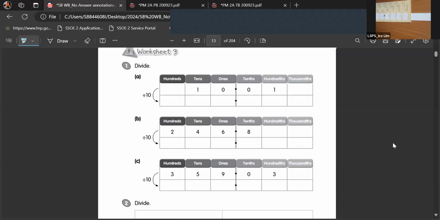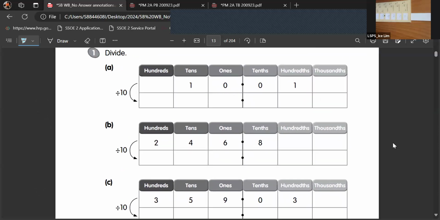So like here, this is 10.01. In the concept of place value, $10 divided by 10 will become 1. So in the concept of place value, the whole number and the decimal parts move to the right side.